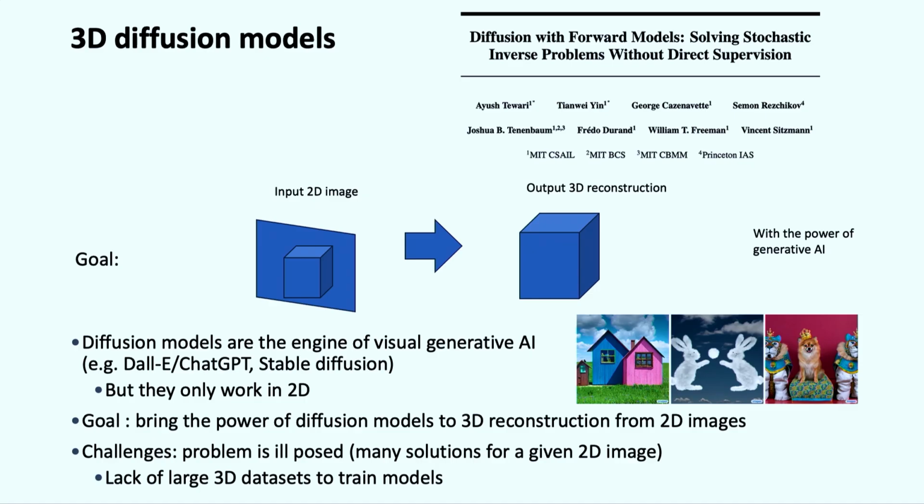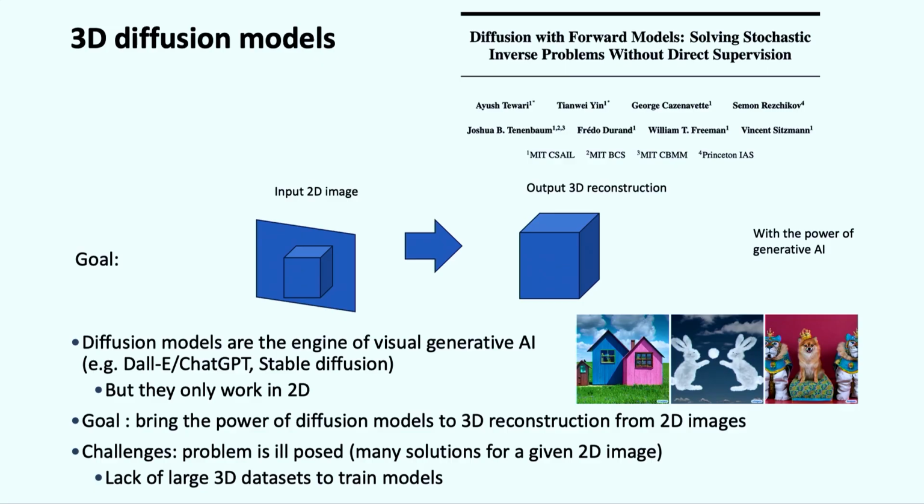All right, what else? So now we've done images, we've done videos, and another frontier of all this generative AI for visual computing is 3D. I'll mention one piece of work that we did with a bunch of faculty members and a former postdoc, Ayush Tiwari, on 3D diffusion models.